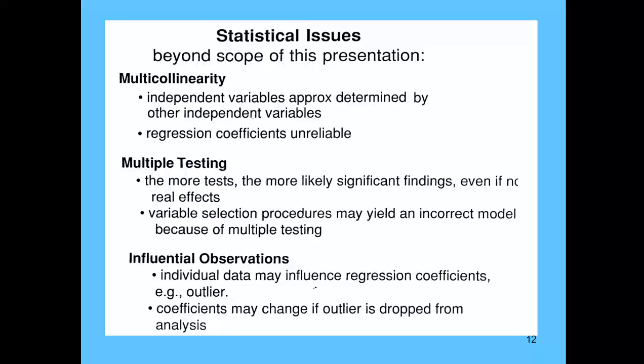You heard about that? It's a way of dealing with it: if you know that you're going to do 10 tests, and you're worried about finding something by not considering the fact that you're doing so many tests, you could take the significance level, the alpha, like 0.05, divide it by 10, and do the tests at 0.05 divided by 10. That's one way to deal with multiple testing.